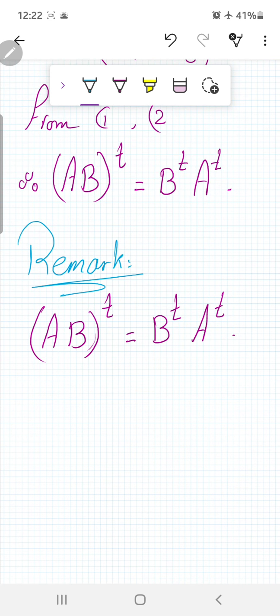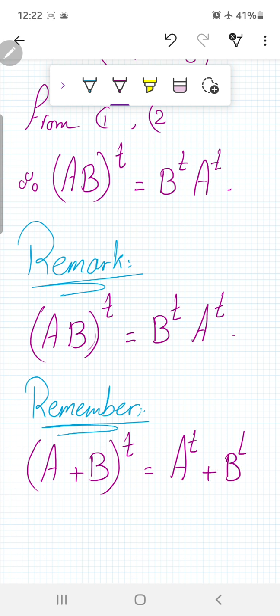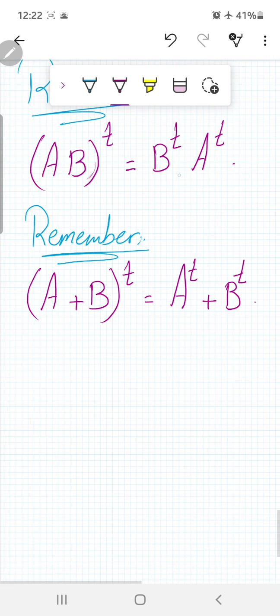And remember, in addition, (A plus B) transpose equals the first transpose plus the second transpose. But in multiplication, start from the second. Okay? Thank you.